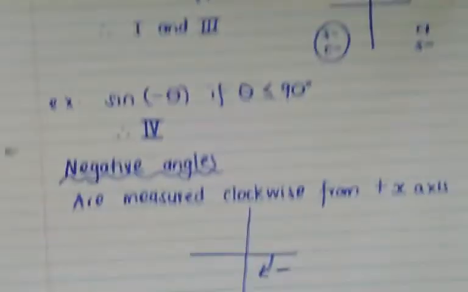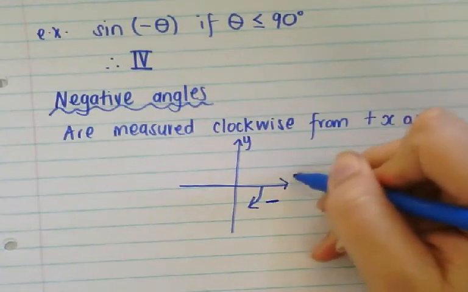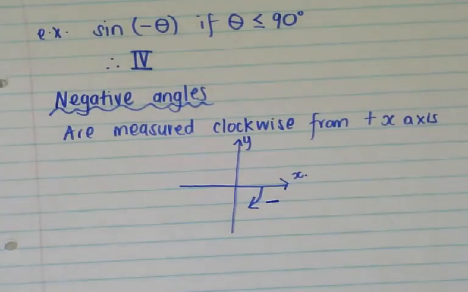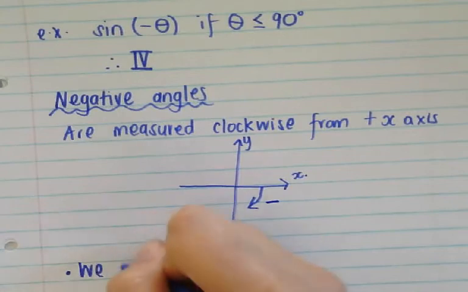So the negative tells me the direction in which I am moving. So whether we measure positive or negative, we can get to the same point on my Cartesian plane.